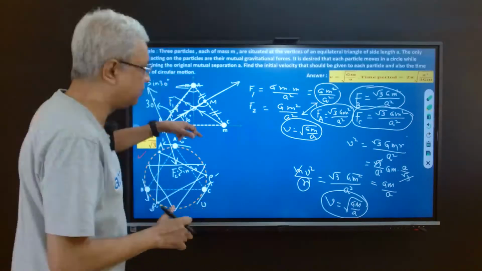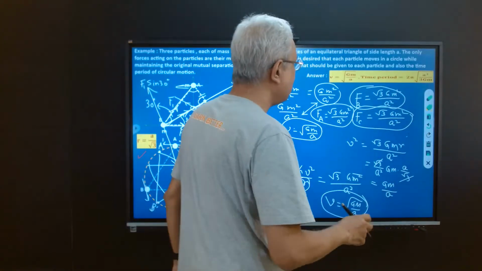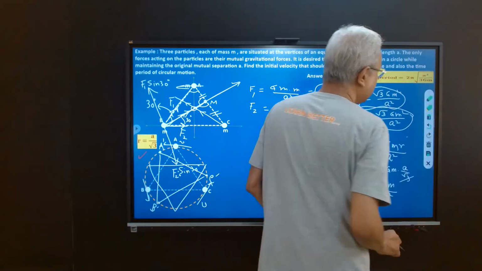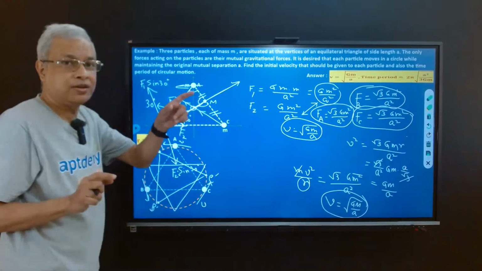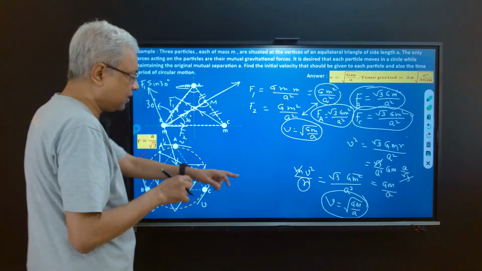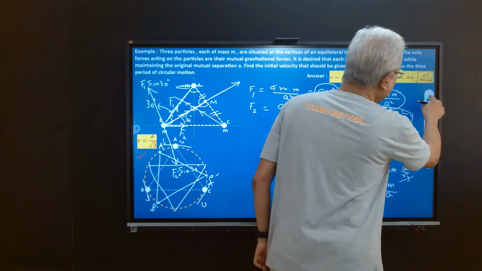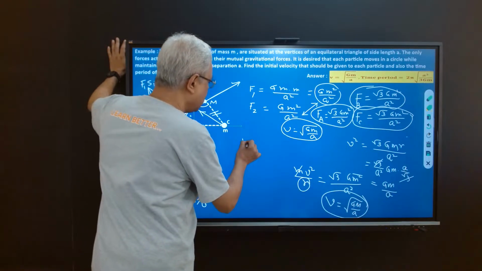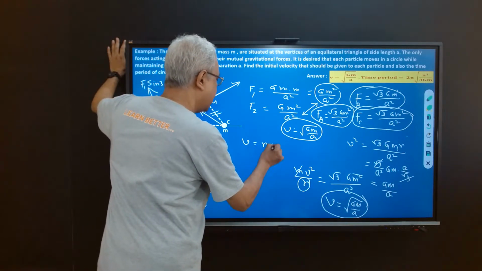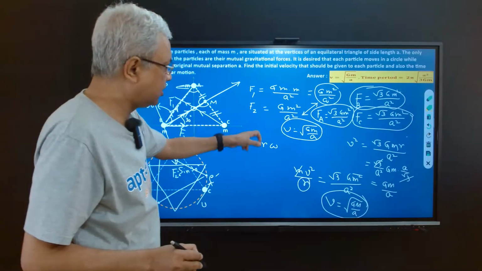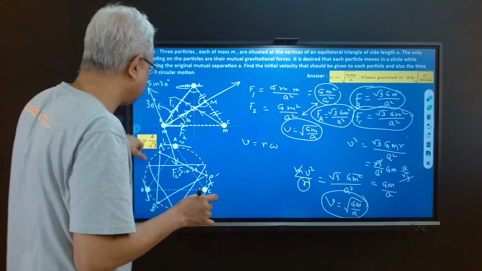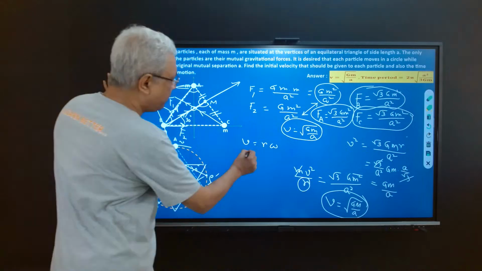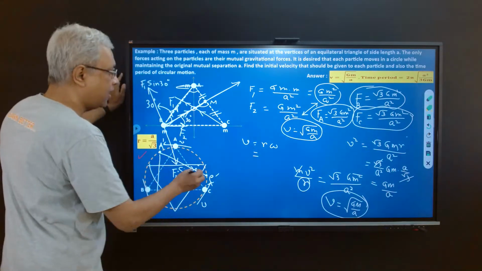This is a linear speed in circular motion, and it is related to the angular velocity by the relation v equals r omega. R is the radius of the circle along which it is executing the motion, and we have found the value of r is a by root 3.